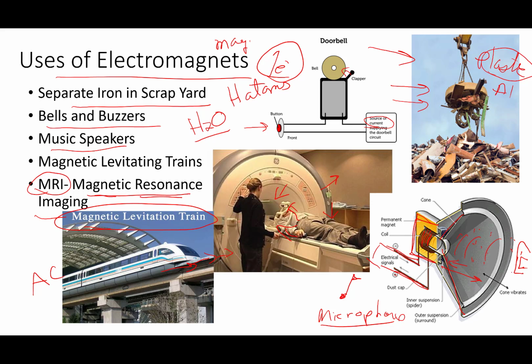It makes all these hydrogen electrons go into one direction, orient them all in one direction in the strong magnetic field, and then they bounce back. When they bounce back from the strong magnetic field, they emit a tiny itty-bitty radio frequency. We're talking itty-bitty amounts of RF. Those little bits of radio frequency are picked up.